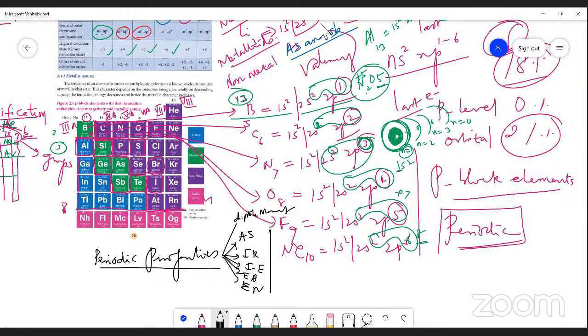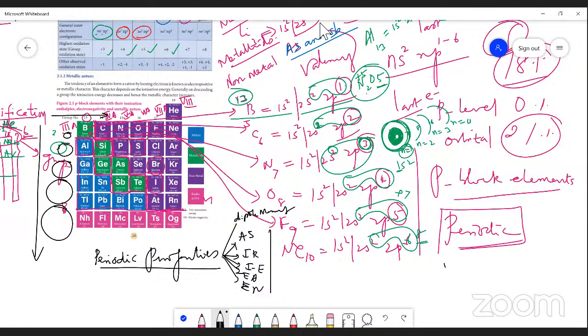Atomic size: while we are moving down the groups, the size will increase. While we are moving left to right, the size will decrease.